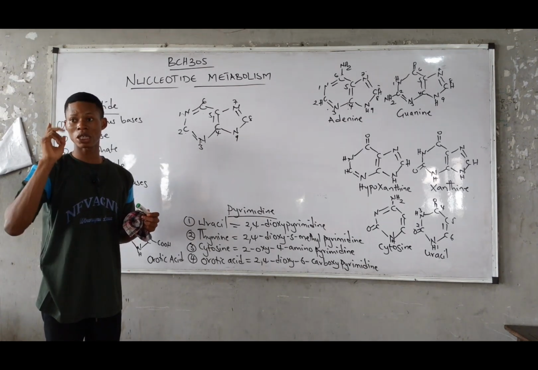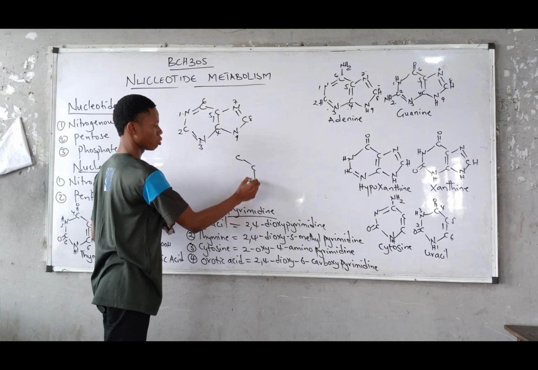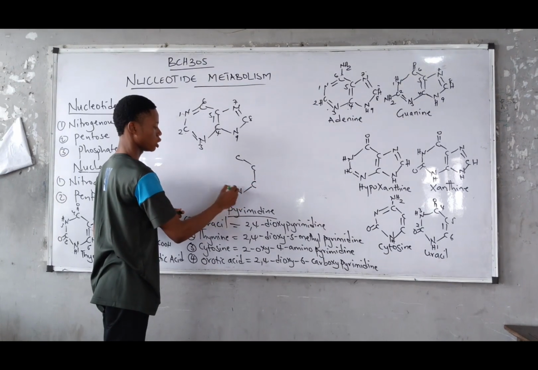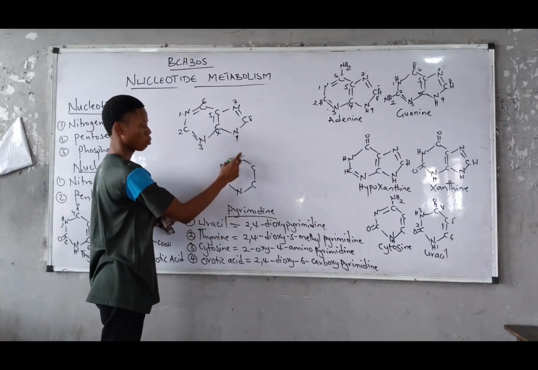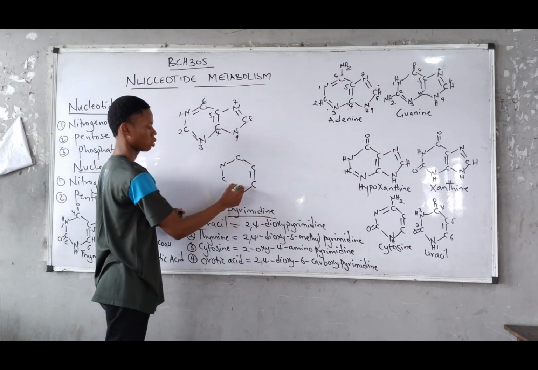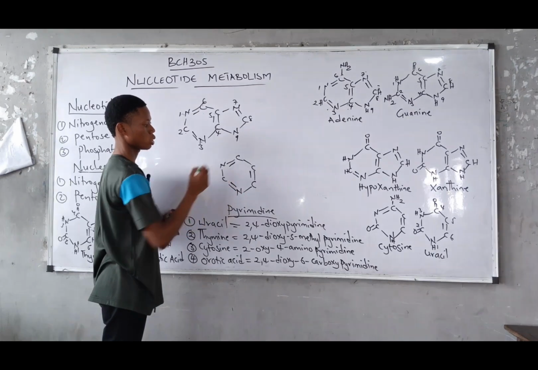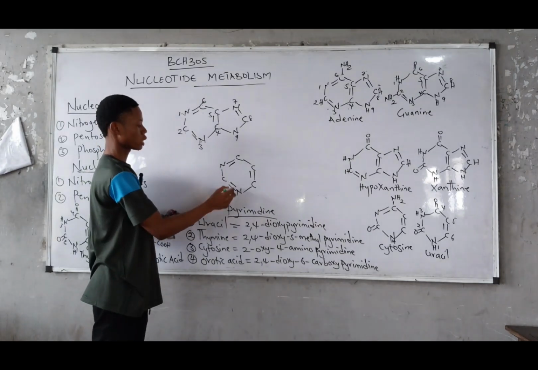Now, if I want to draw my pyrimidine, pyrimidine is how many membered ring? 6-membered ring, right? Just a single ring. I still do my carbon, carbon, carbon, nitrogen, carbon, nitrogen, carbon. Then my double bonds, I give one space. If I'm numbering my pyrimidine, where do I start from? Here, right?